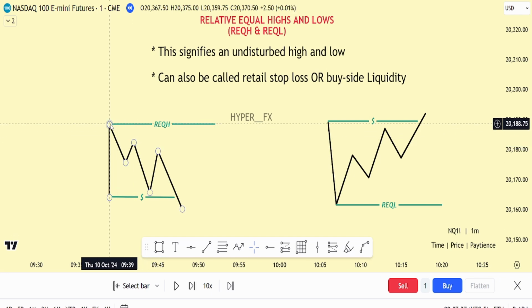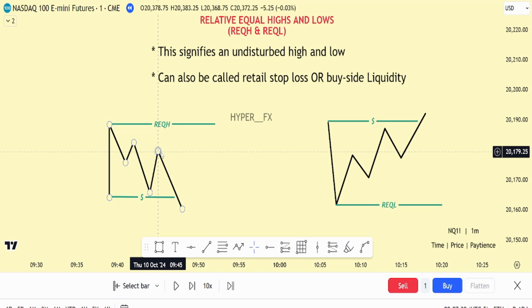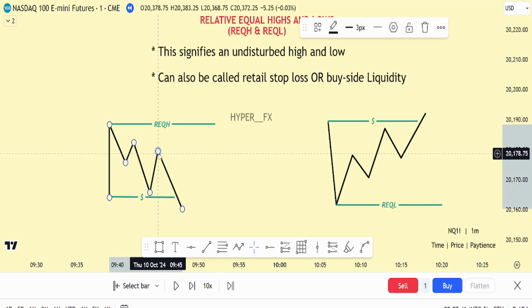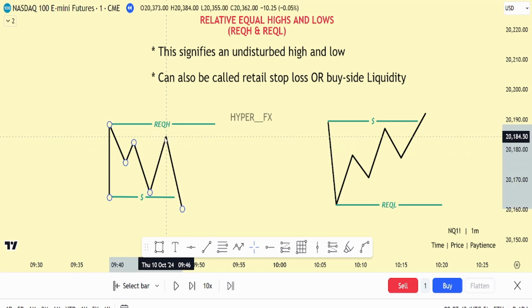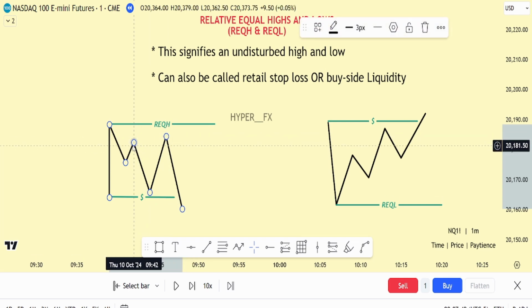I want to give you a perfect illustration. Let me just quickly take this high like this. Now I have made this high higher than this, but this high is lower than this high. So let me ask you, is this still a relative equal high?